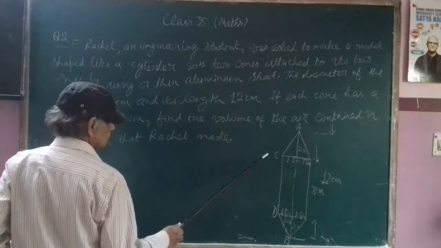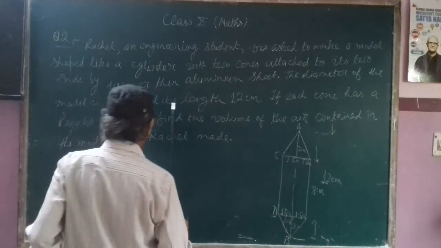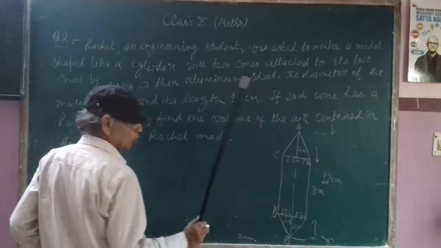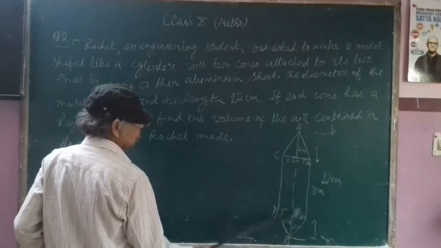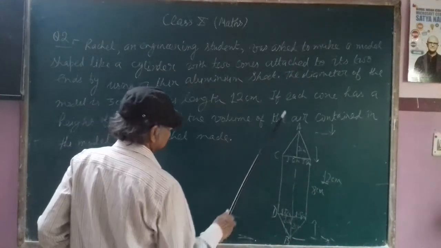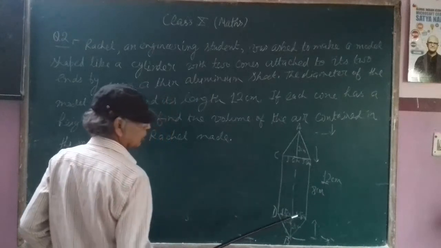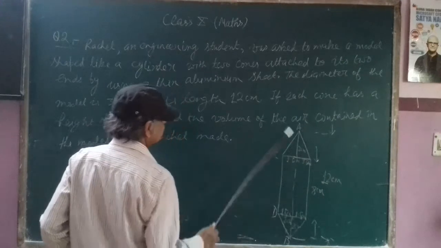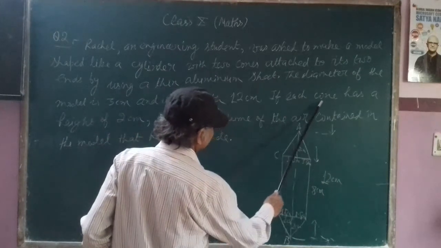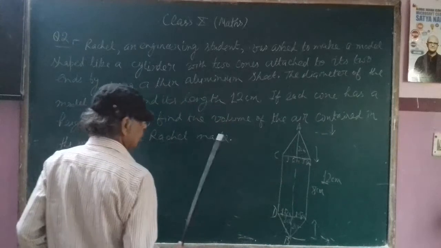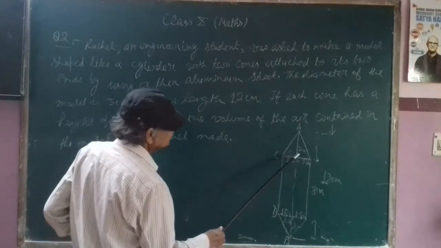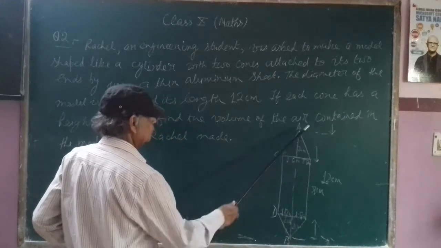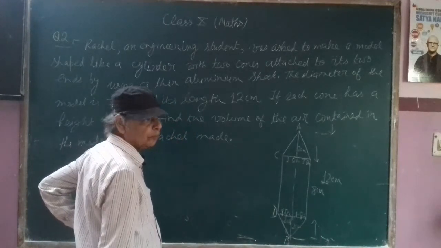Its total length, from A to B, is 12 centimeters. Now, each cone has a height of 2 centimeters.